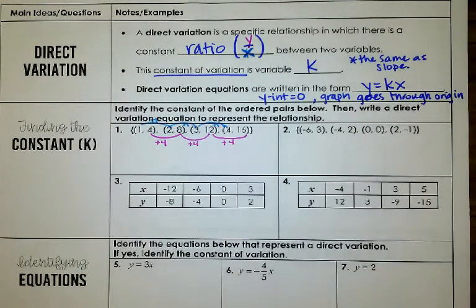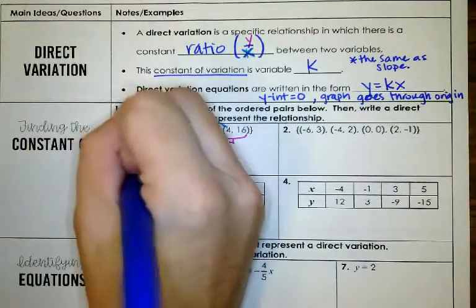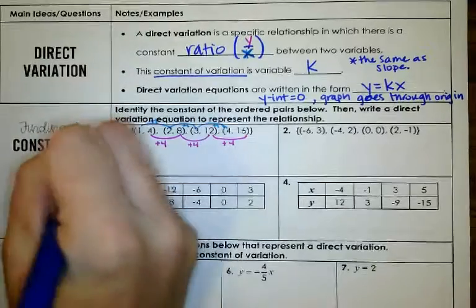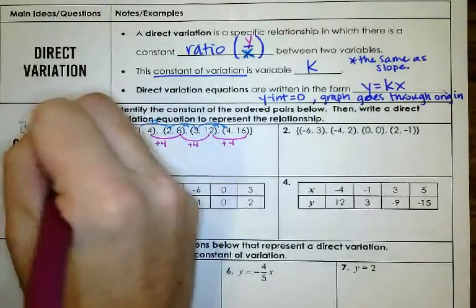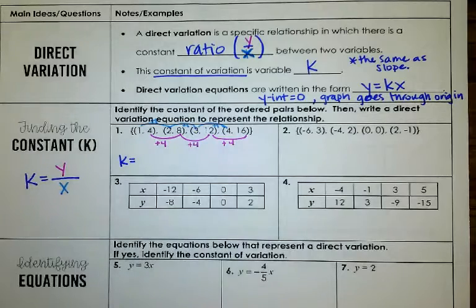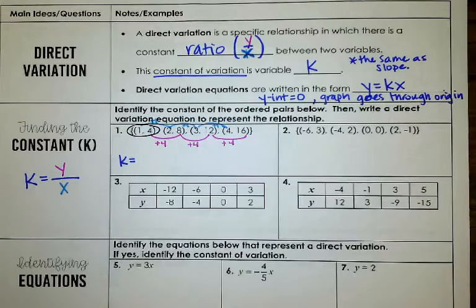So if we want to find our constant of variation, the way we write this is k is equal to my y over my x. And guess what? It doesn't matter which x and y, which point you pick. You can pick any x, y point. So let's do this 1 and 4.